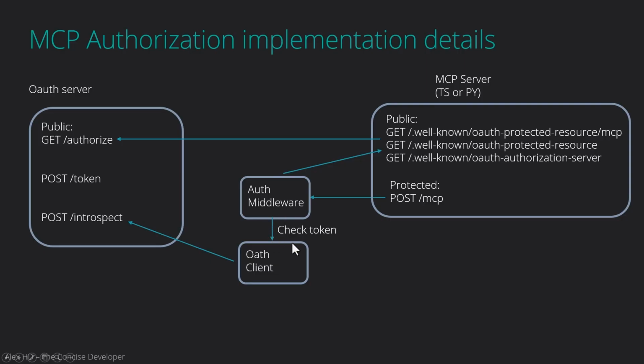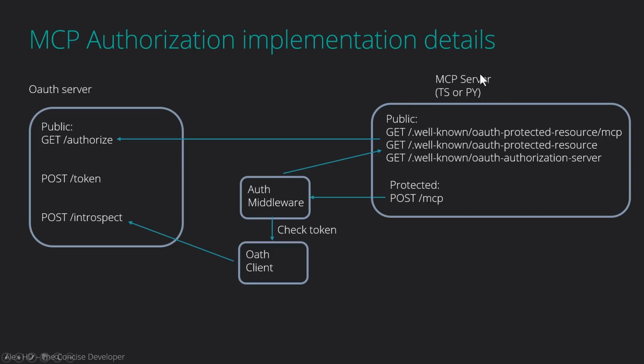The checking of the token will be done by another function which will live inside an OAuth client, and this client will simply invoke the introspect endpoint of the OAuth server, and the OAuth server will tell us if the token is valid or not.